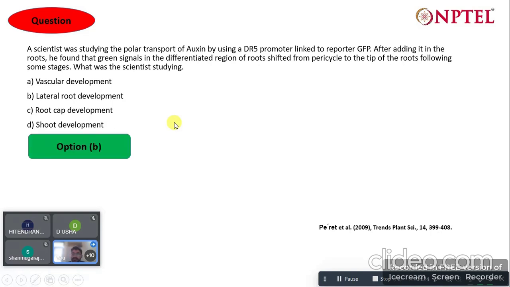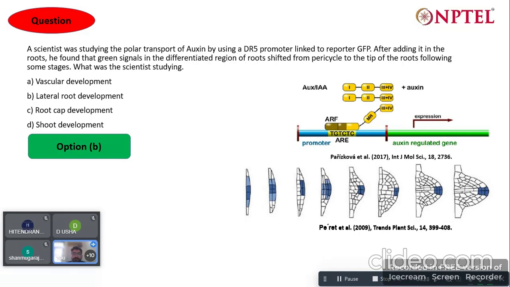So the answer is option B, lateral root development. First we check how the DR5 system works. As we discussed, auxin signaling has two components, IAA and the ARF, auxin response factor. When auxin is not there, IAA binds to ARF and ARF is not able to function.